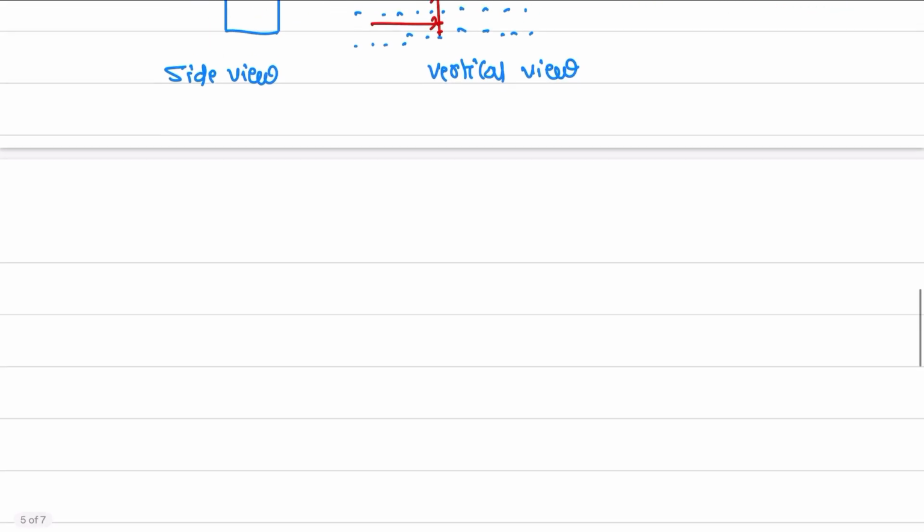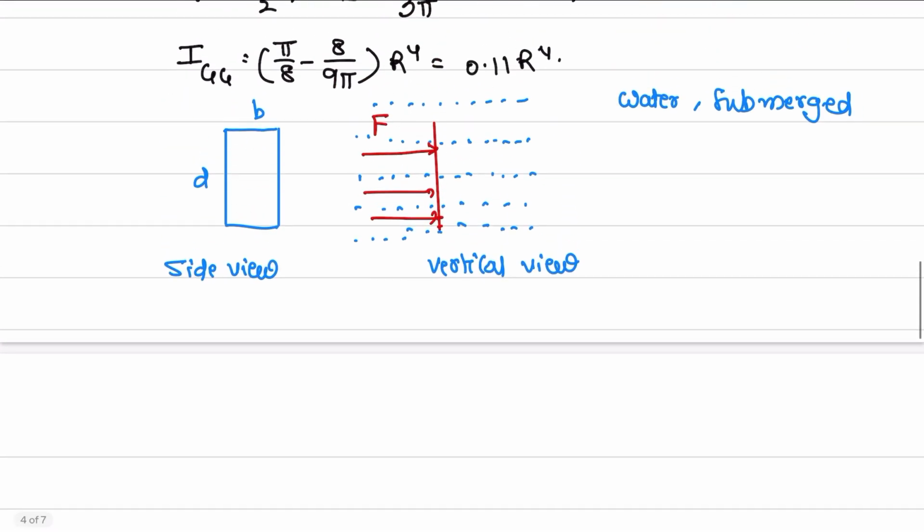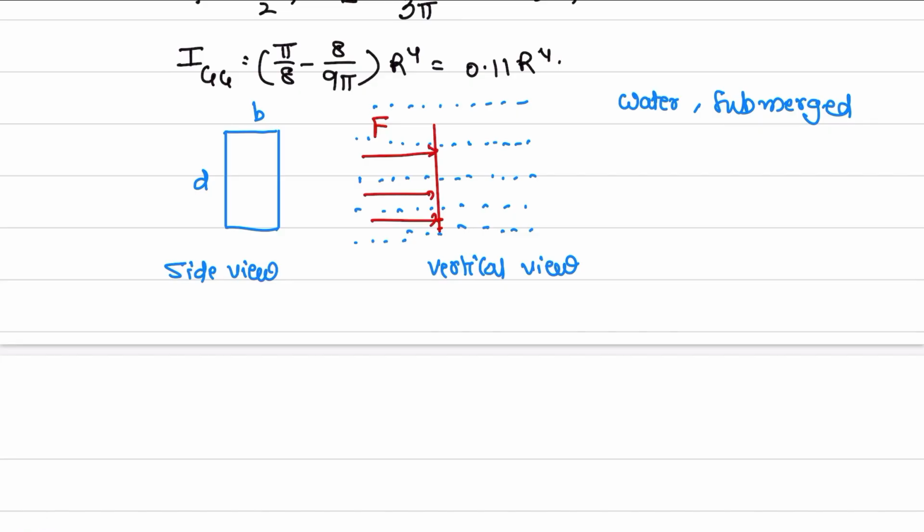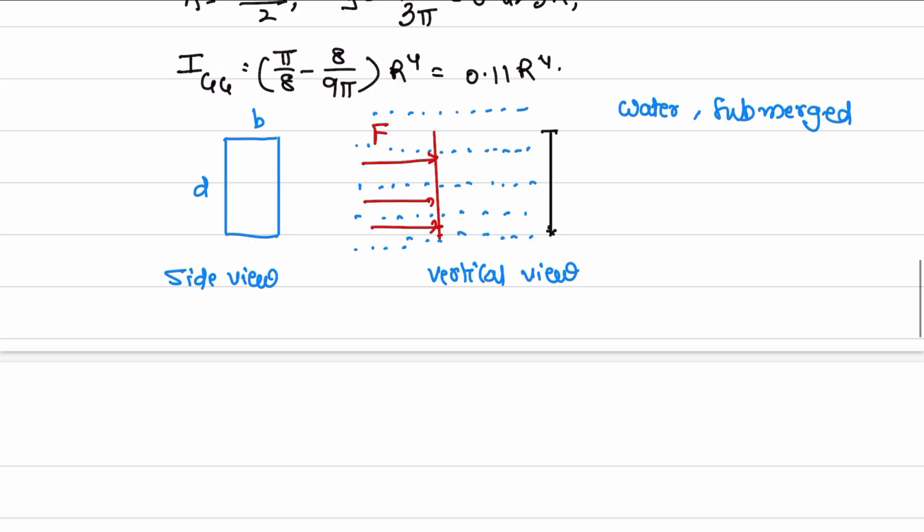Now, this I area, moment of inertia, these all refer to the cross-sectional area on which the hydrostatic force is acting. And let us say the height of the water column can be more or less.